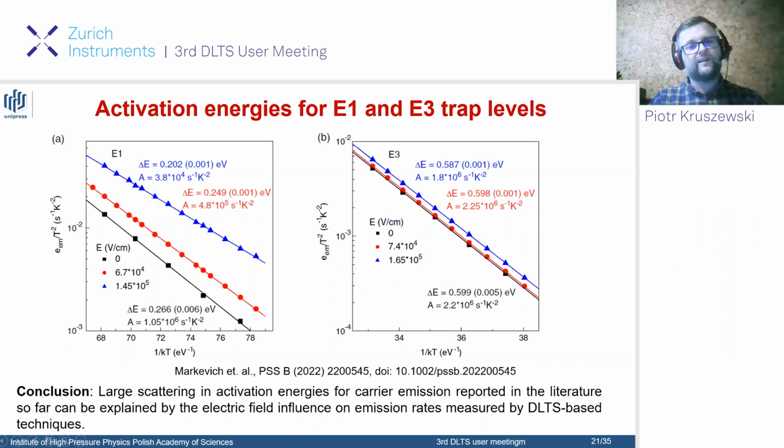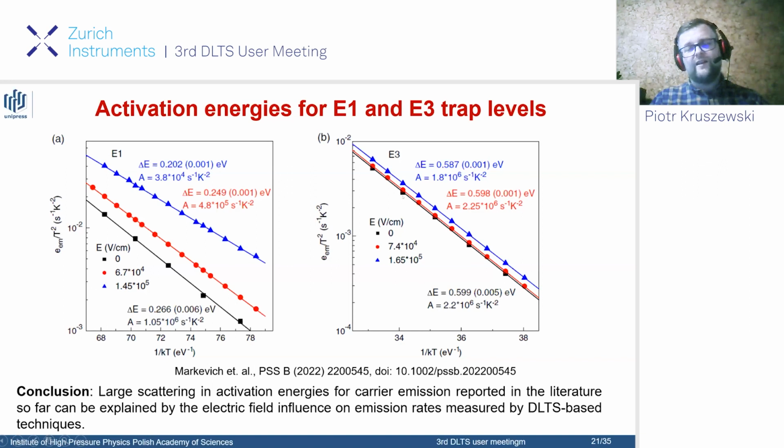And you can see that in the case of the donor type level E1, this difference is pretty high, because for the case where the highest electric field is applied, you see that the activation energy is 0.2. In the case where the electric field is minimal, almost 0, let's say, this gives an activation energy of almost 0.27. So the difference is almost 70 milli electron volts, which is huge. Yes. So you should be careful about this when you do your experiments.